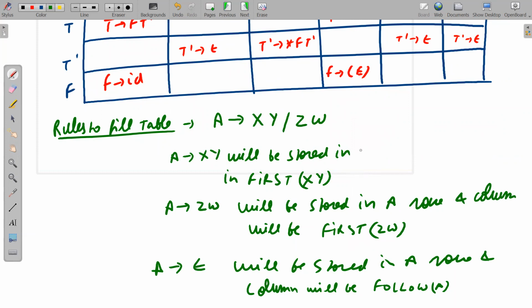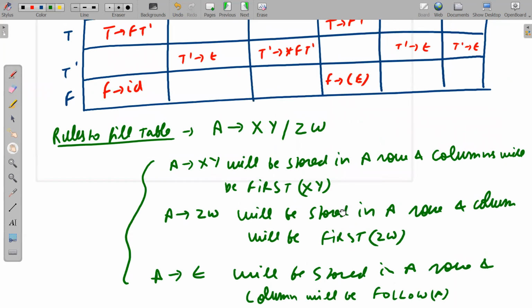A implies XY will be stored in A row and columns will be first of XY. Yeah, now I think you have got the crystal clarity about how to fill the table.